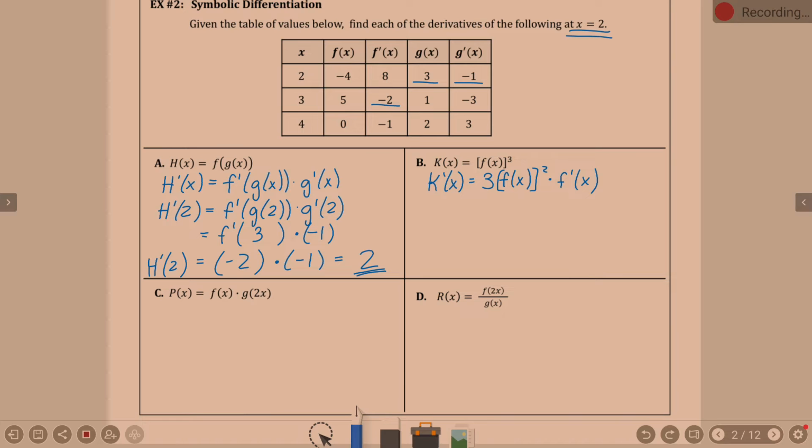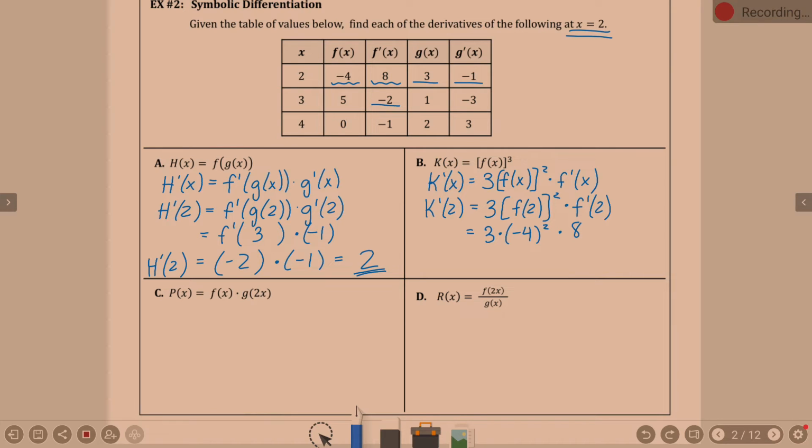Now, of course, we're evaluating at 2. So k prime of 2 is 3 times f of 2 quantity squared times f prime of 2. 3 times f of 2, negative 4 squared, times f prime of 2, 8.